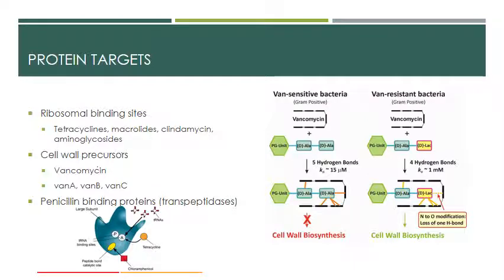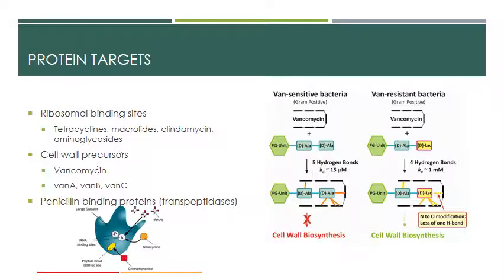Basically, this gene encodes for a different amino acid sequence than normal cell wall peptidoglycan. And so you end up with pretty high resistance. It really isn't affected by vancomycin at all. So the vancomycin can't even settle in to the peptidoglycan.